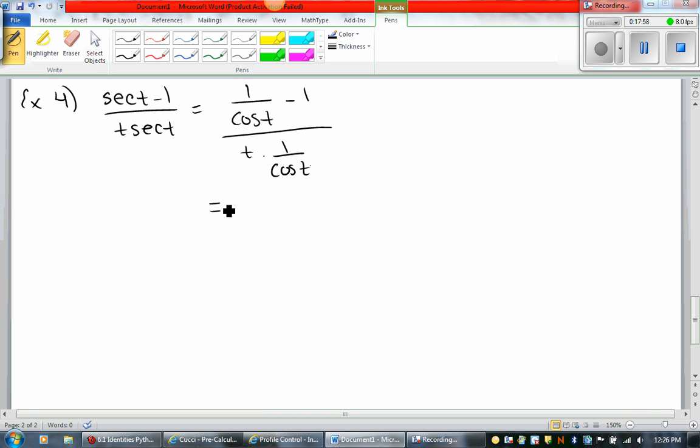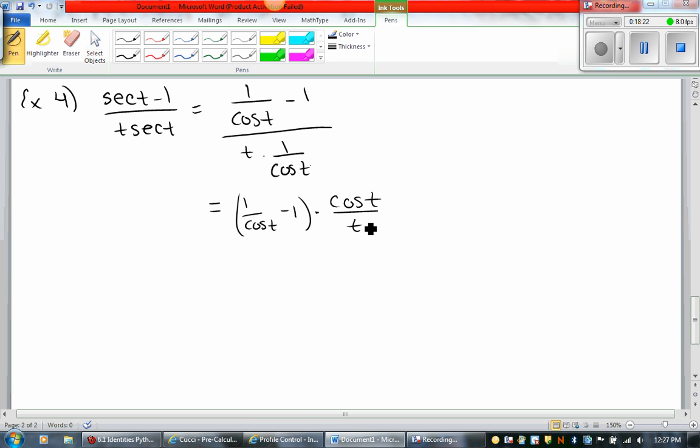Goodness gracious. So we are going to take and multiply by this reciprocal. So we get 1 over cosine t minus 1 times the reciprocal of this right here, cosine of t over t.